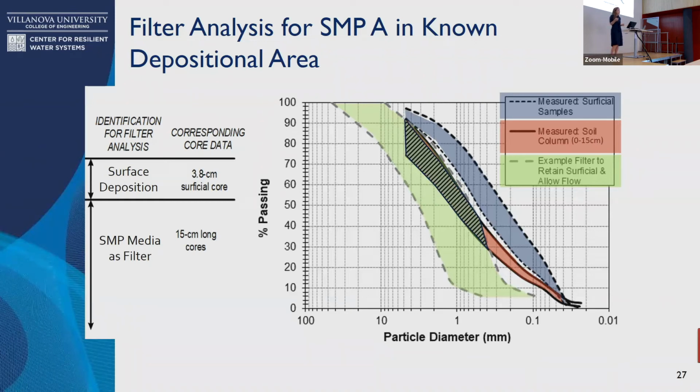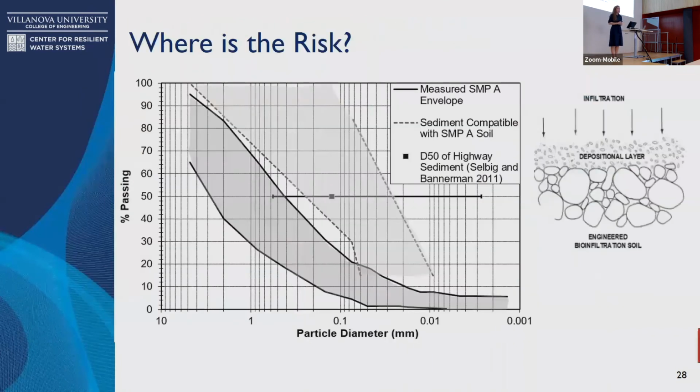And what we found in addition to this is it's not necessarily just one portion of your particle size distribution. You're not just looking at your D50 or even just your D85 or just your D15. It's really how well sorted your full particle size distribution is to keep your media from clogging. So here's our example from SMPA, the rain garden that we were talking about.